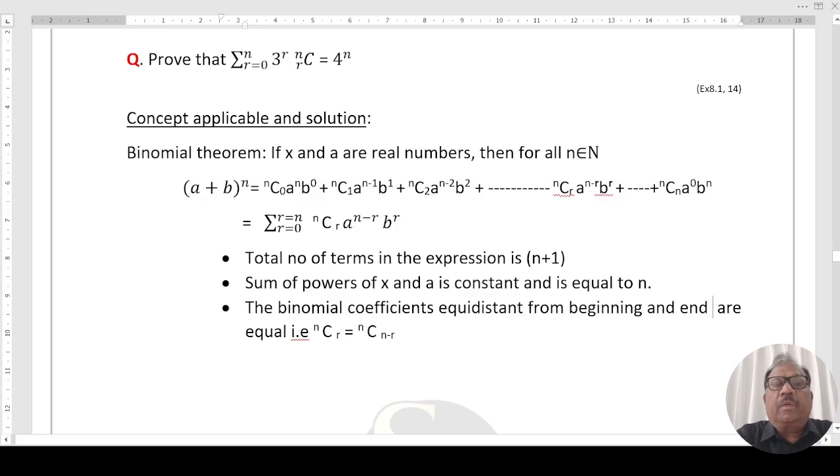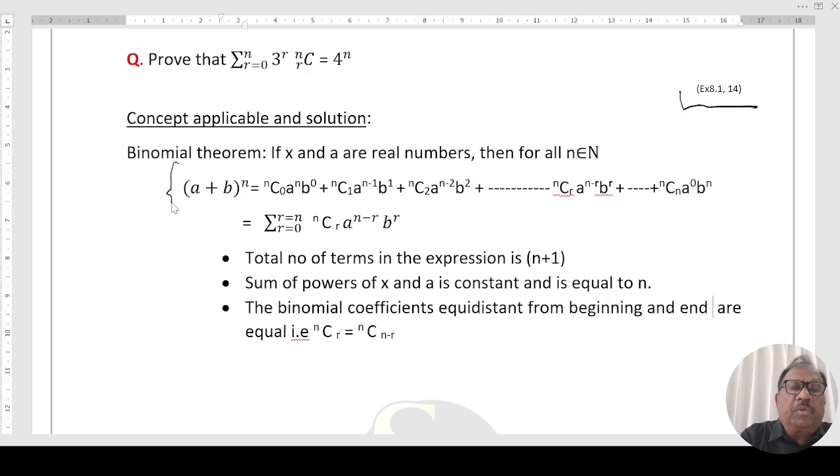Question is, prove that summation r equal to 0 to n of 3^r nCr equals 4^n. Question is taken from NCERT exercise 8.1, concept applicable in a solution. This is the binomial expansion in expanded form, and this is the condensed form.